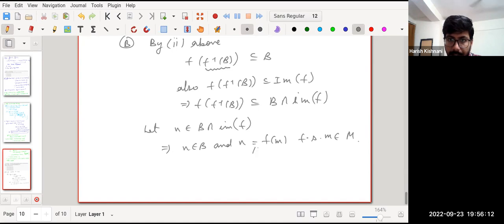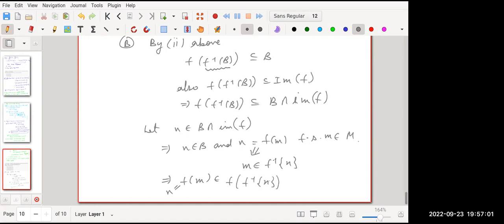From here, n is inside f inverse of b, and m is equal to f of n. So f of n, that is your m, is inside f of f inverse of b.